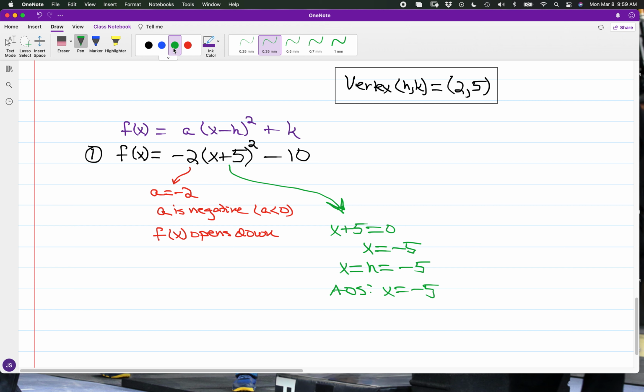And for the value of k, we have -10. So k is equal to -10.